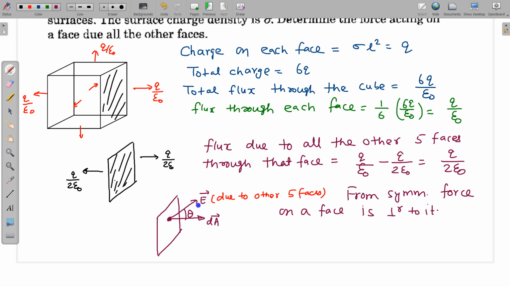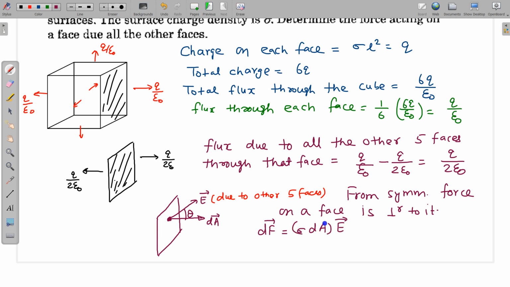So due to this electric field, the force on this face, dF vector, is equal to charge multiplied by the electric field. The charge is sigma into dA, and the electric field.